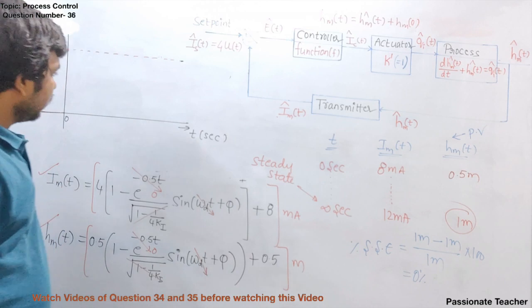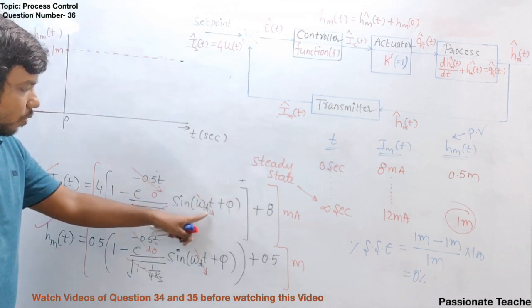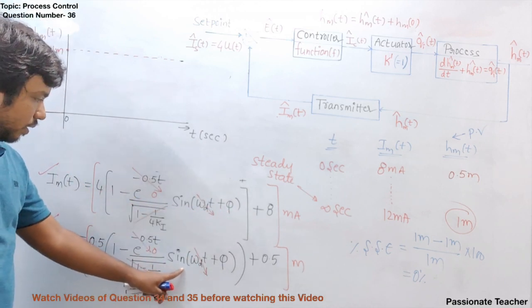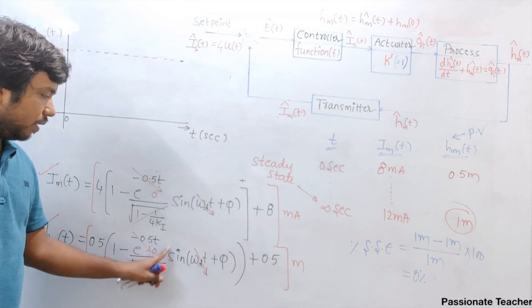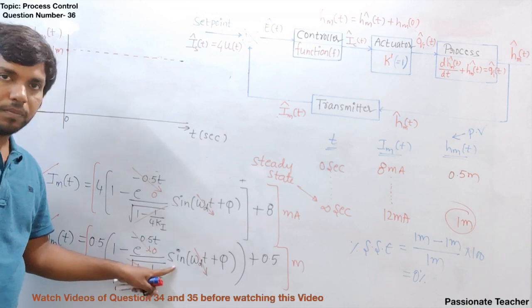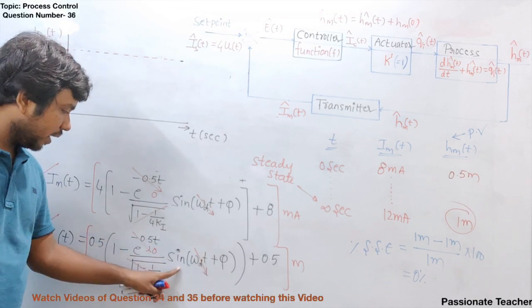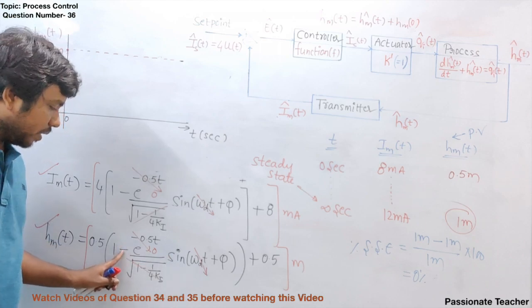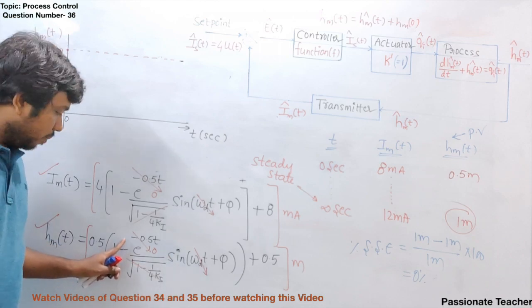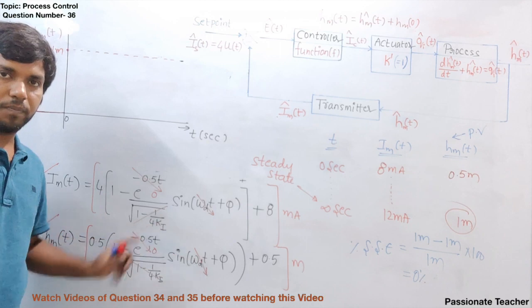But if you look carefully, the sine omega t plus 5, this one, for certain time this factor will become negative. When this factor becomes negative into negative, it will become positive, right? Positive means 1 plus positive, right?